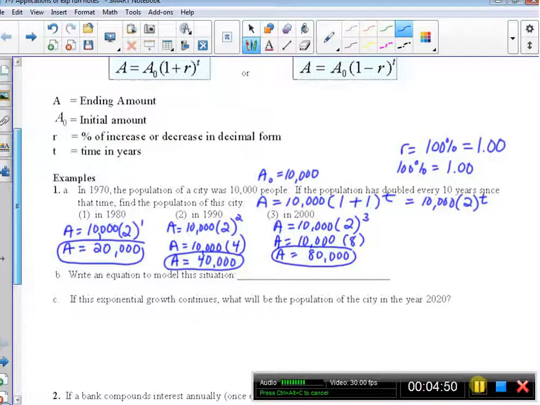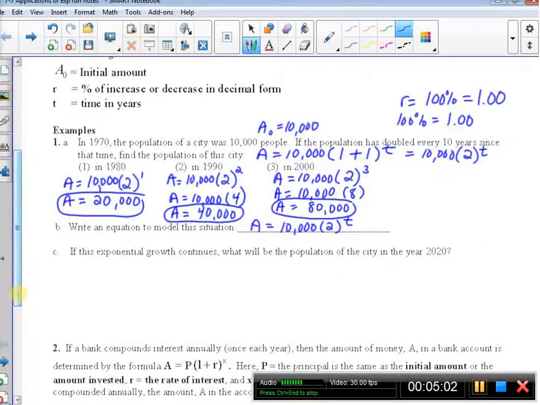So write an equation to model this situation. We already did that. A is equal to 10,000 times 2 to the t. For C, if this exponential growth continues, what will be the population of the city in the year 2020? So now T is equal to 5.